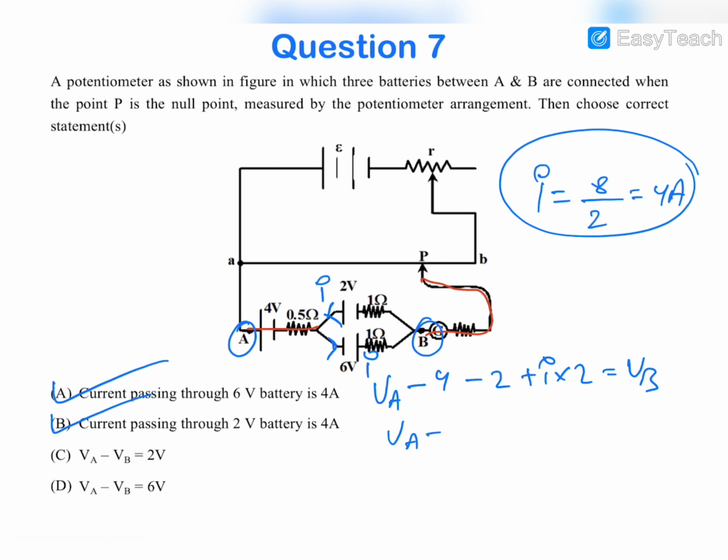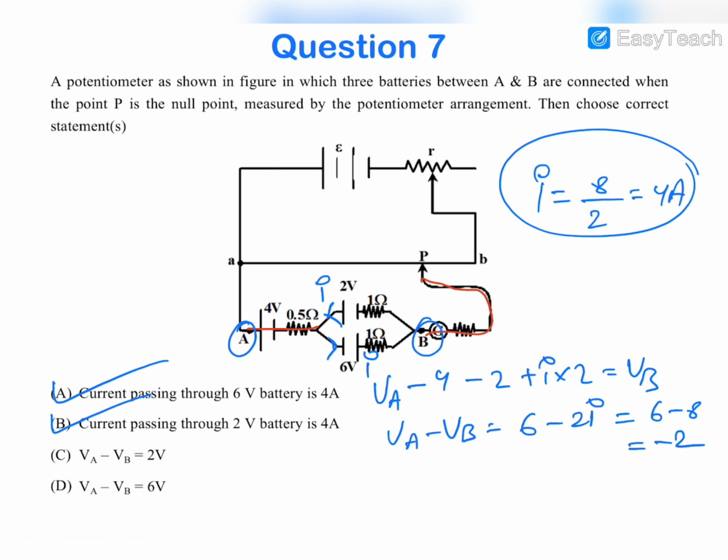So VA minus VB will be equal to 6 minus 2I. I is 4, so this is 6 minus 4 into 2, 8. So this is minus 2.